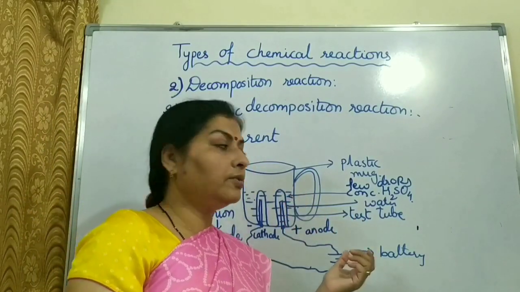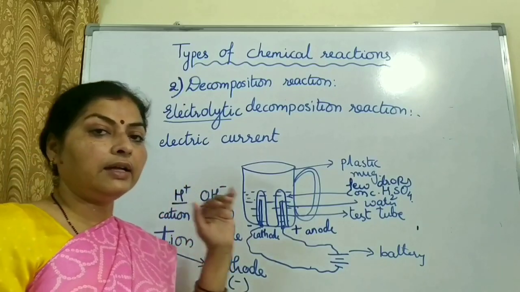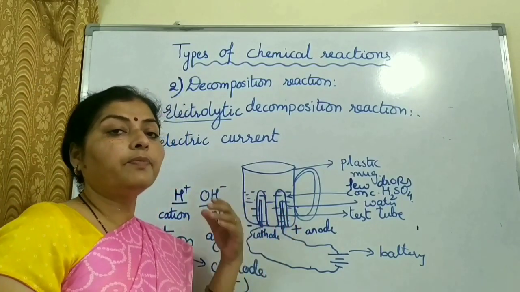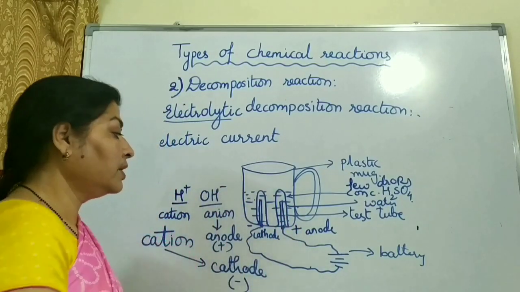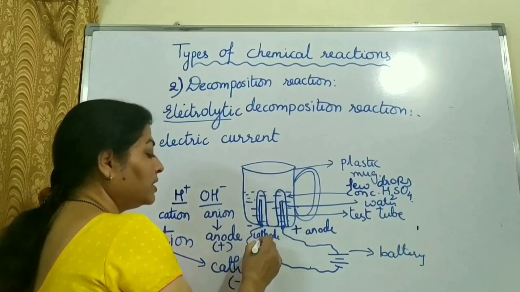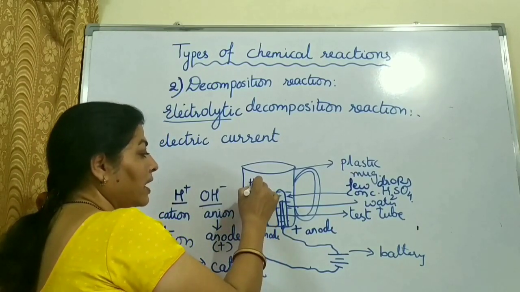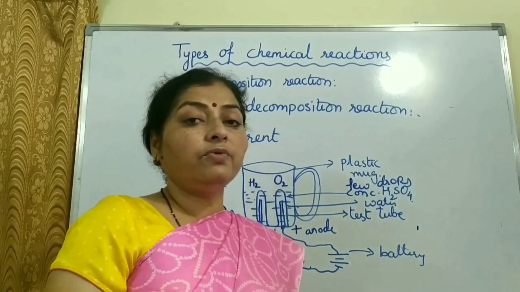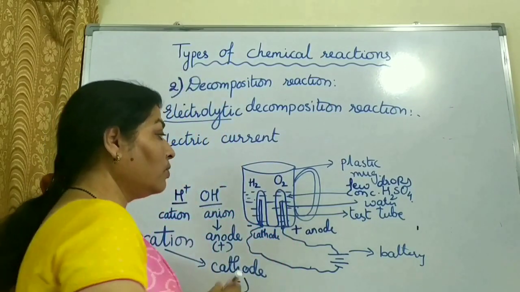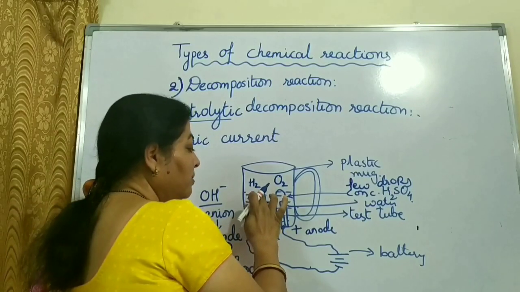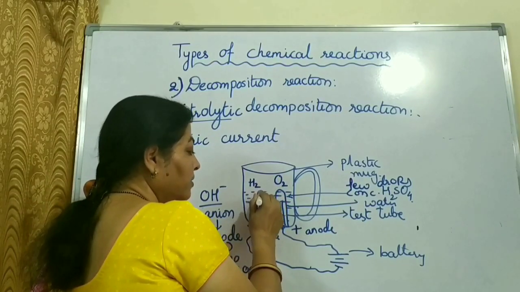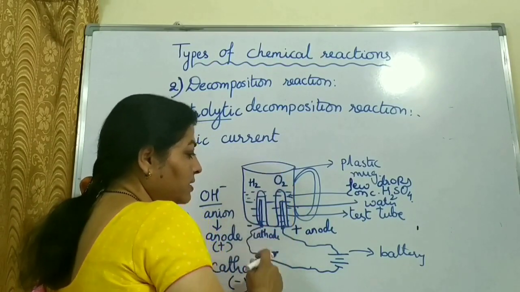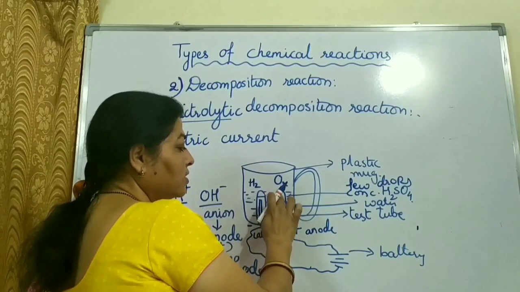It means the charge on the hydrogen ion or the hydroxide ion will get destroyed and the corresponding element will form. So at cathode, hydrogen gas will form and at anode, oxygen gas will form. But we don't know which gas is formed. We can only see that there will be a downward displacement of water inside these test tubes.